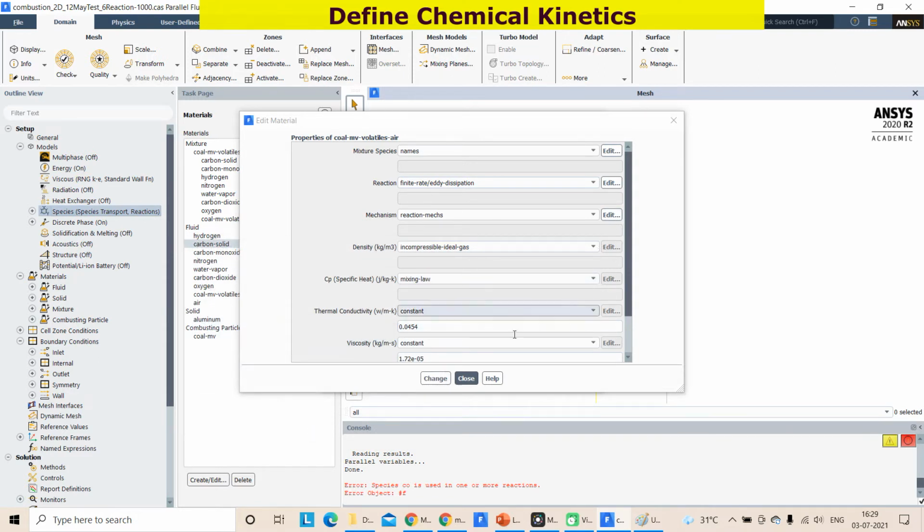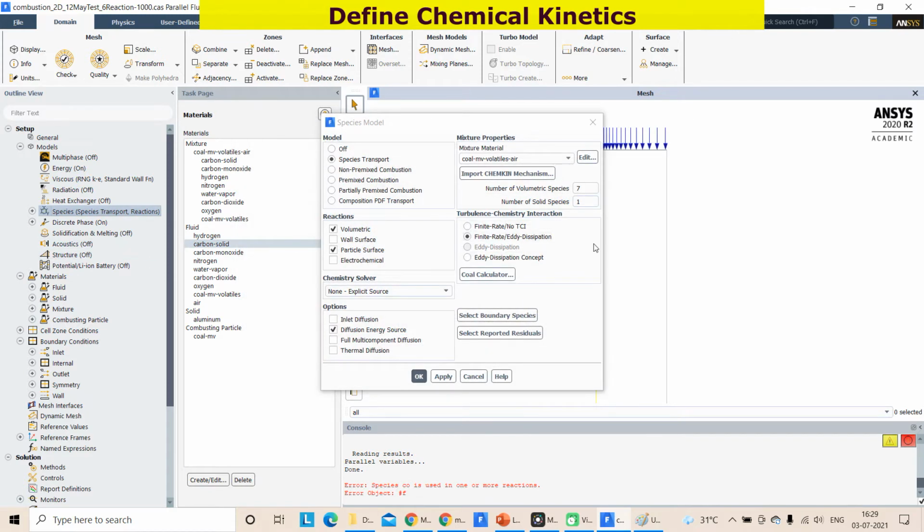And we are considering some volumetric reactions and particle reactions. Particle reaction is happening at the particle surface of the coal particle. Here, hello? The total reactions are 6, or we have selected 6 reactions?